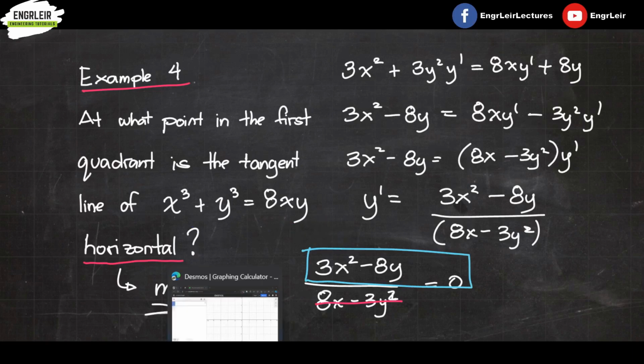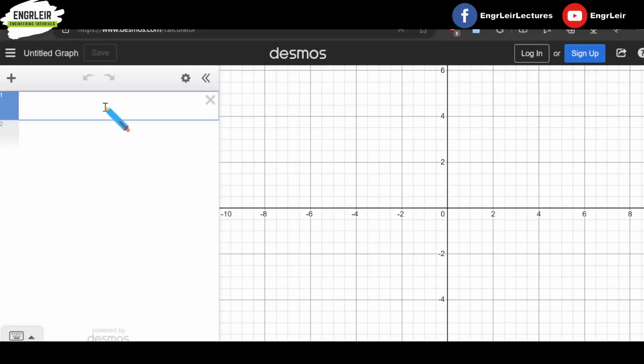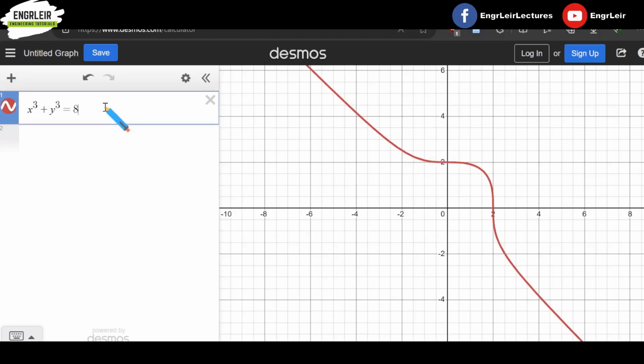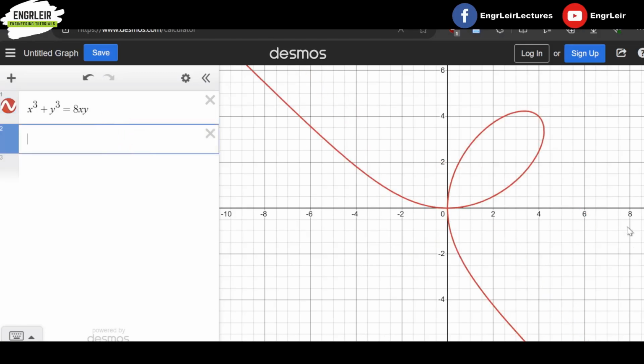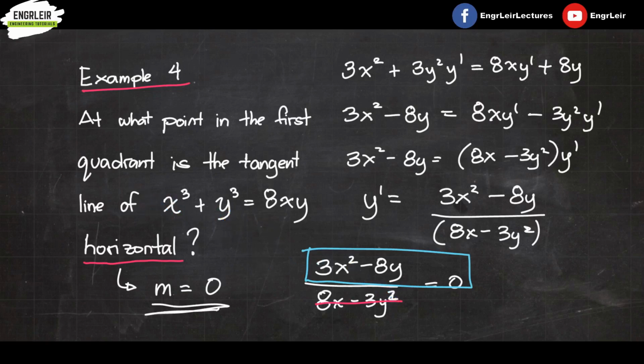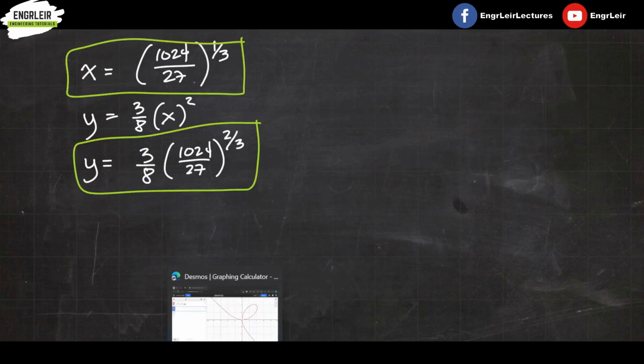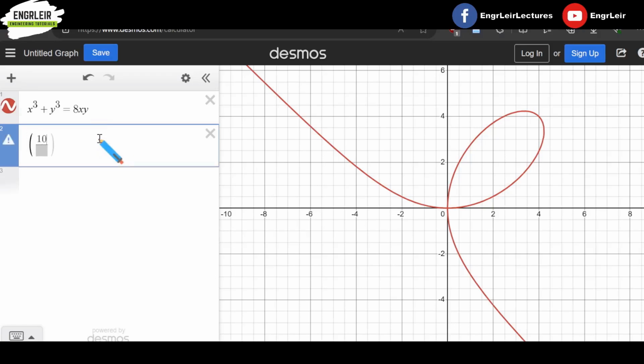To confirm that, let's go to our graphing application. So, we have x cubed plus y cubed is equal to 8xy. This is the graph of our original function. Okay? And then, let's plot this point x, y. So the point would be 1024 over 27 raised to 1/3, and then we have 3/8 times 1024 over 27 raised to 2/3.